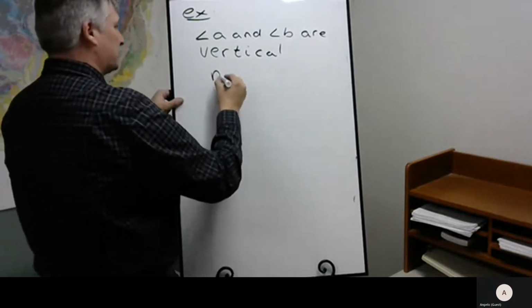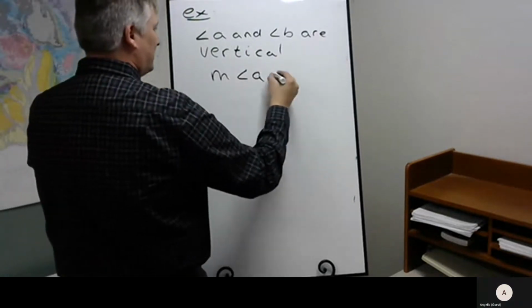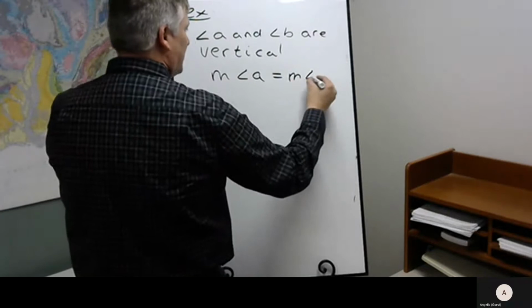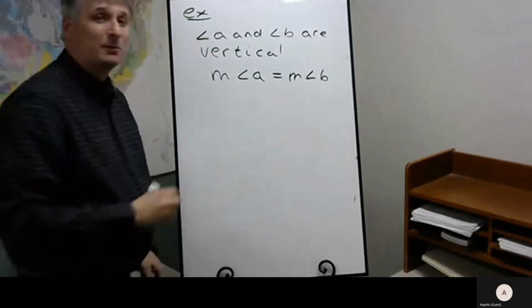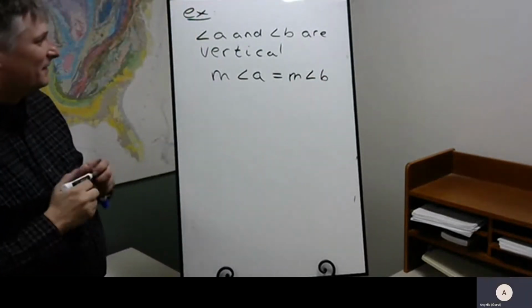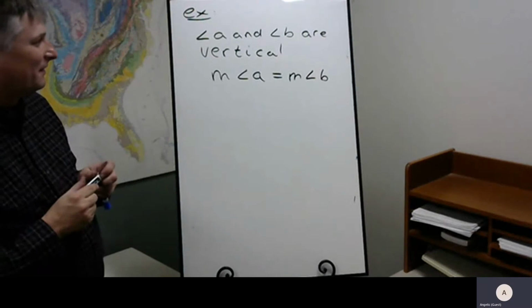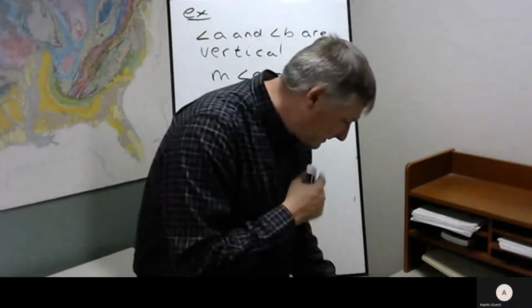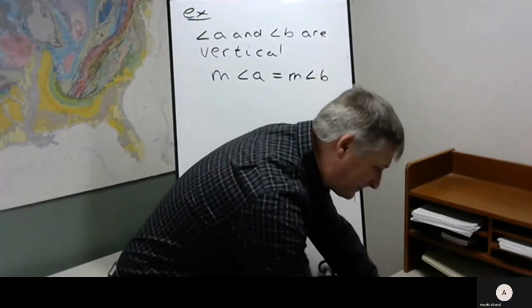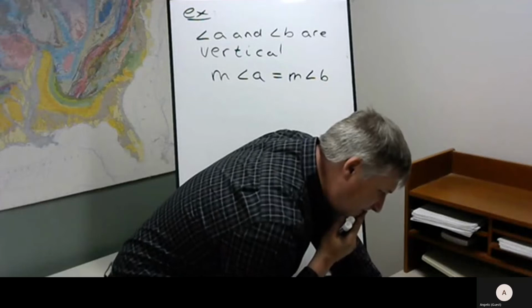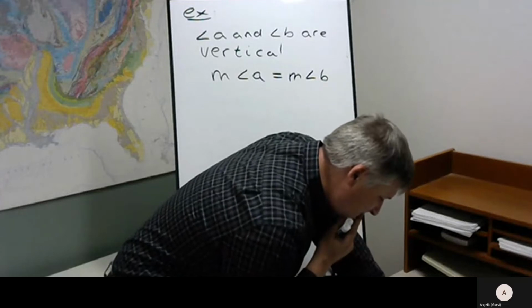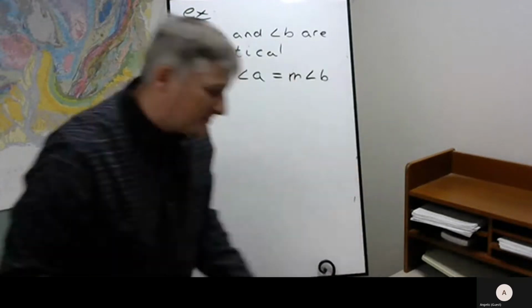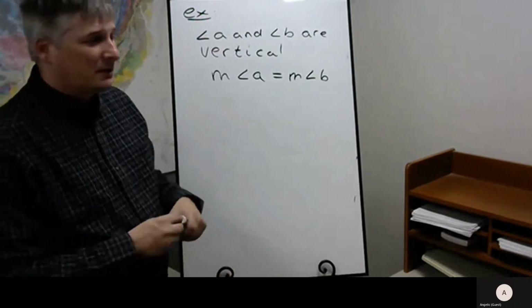And then the measure of angle A equals the measure of angle B. Great. So let me see. There's a couple examples I want to look at. And again, this is for a particular situation.